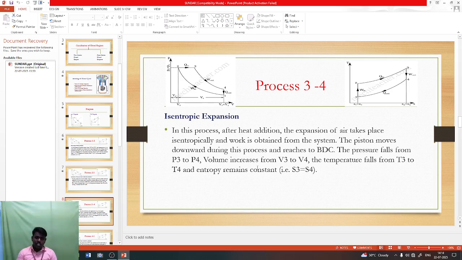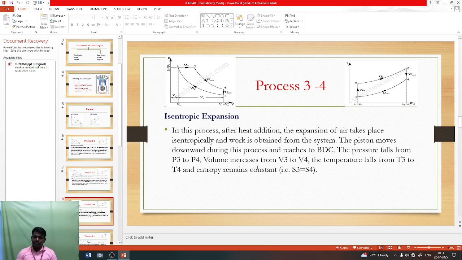During this process, what will happen? Already, during the heat addition, the piston rests at the TDC. Now the piston is moving from top dead center to bottom dead center. At the same time the pressure decreases from P3 to P4, and volume increases from V3 to V4.